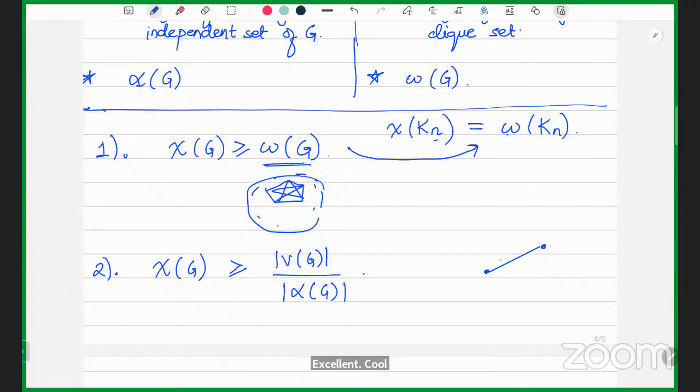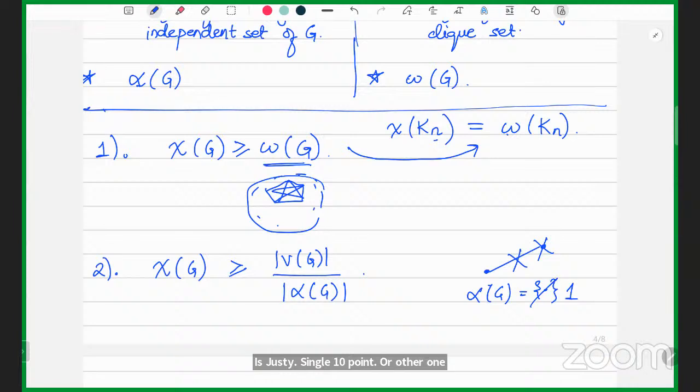Therefore I cannot put this vertex, which means alpha of G is just one. And the number of vertices for Kn is n, which means chi of Kn is n. So this is also equality. So when it is Kn, both of these bounds are tight.